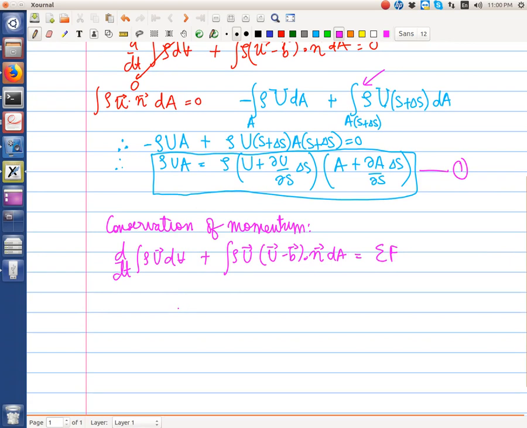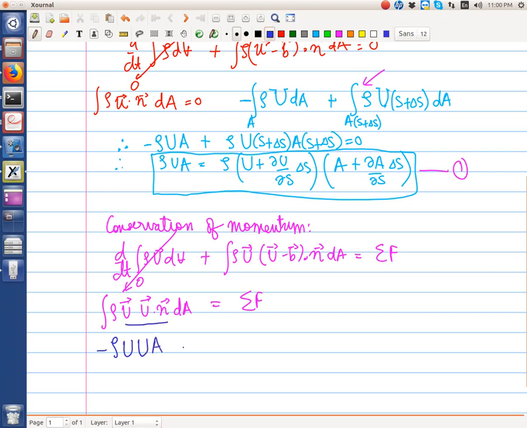Okay. So given that the flow is steady, this term will vanish. So then we have integral rho u u dot n dA is equal to summation of F. Okay, so on the left face, we have rho u u a.